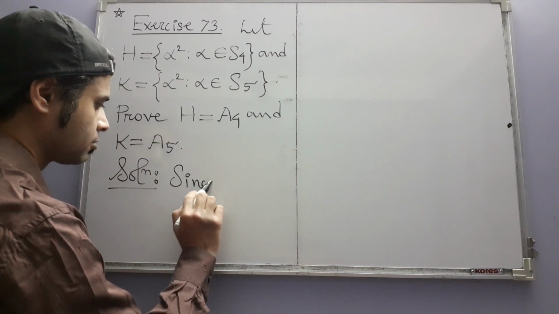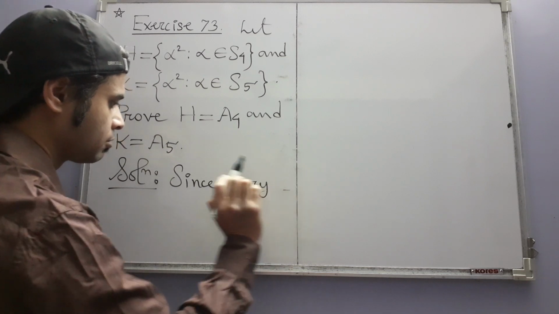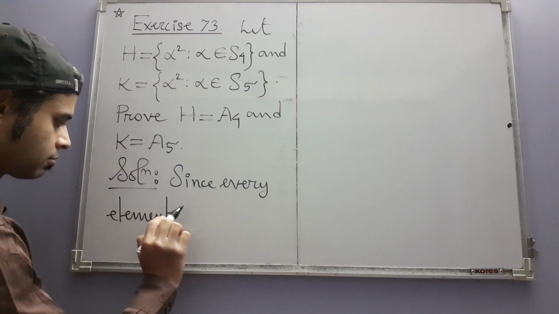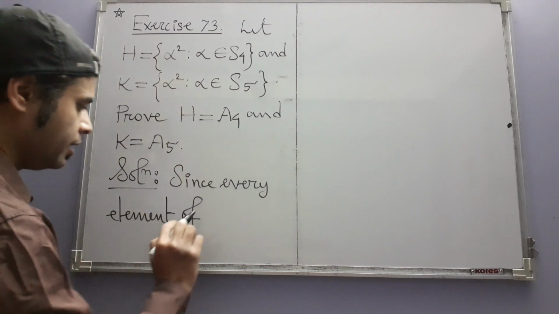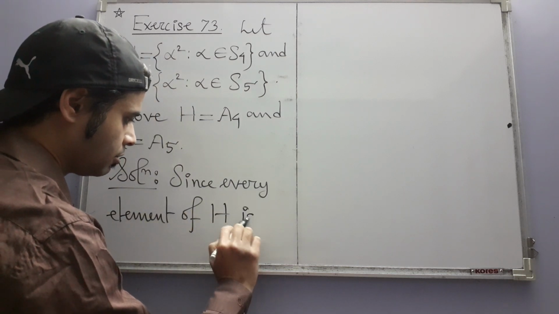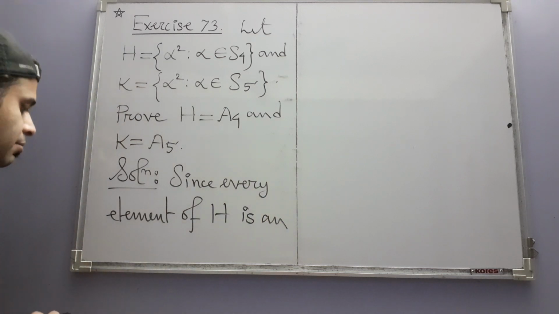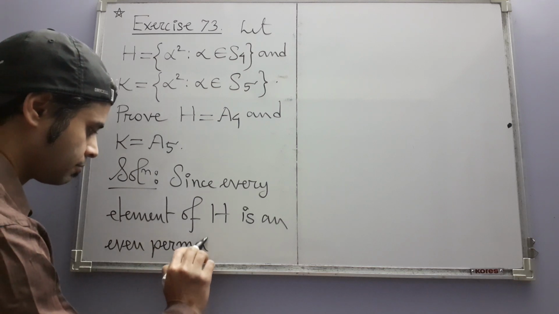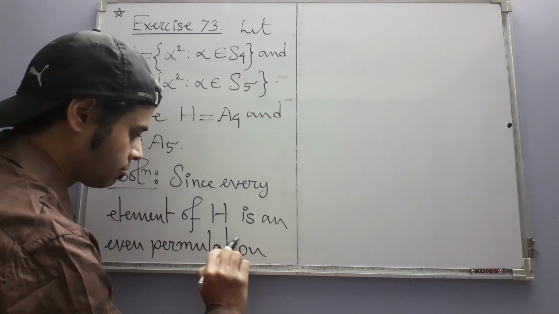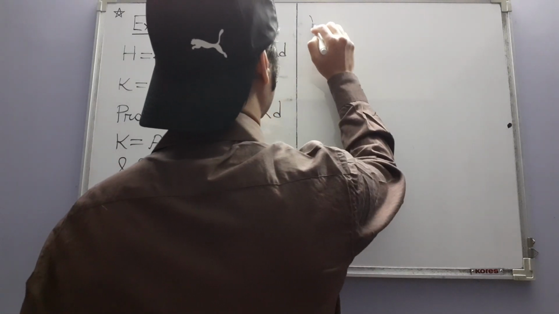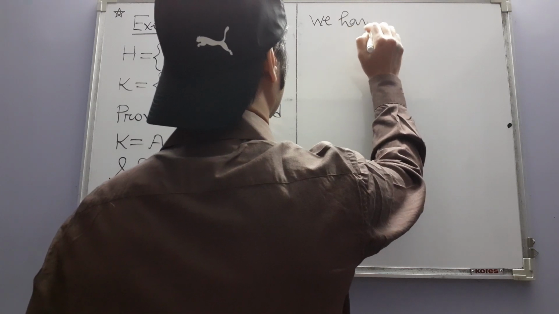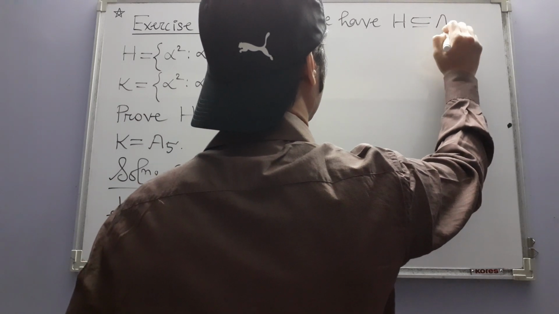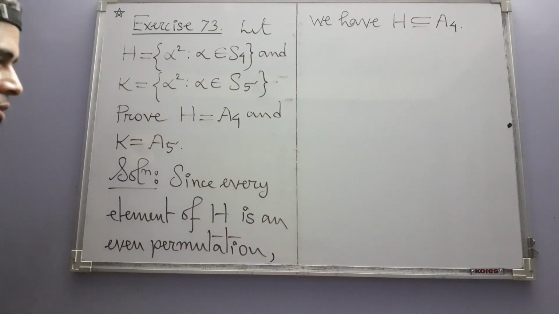Since every element of H is an even permutation, we have this containment, that H is contained in A4.